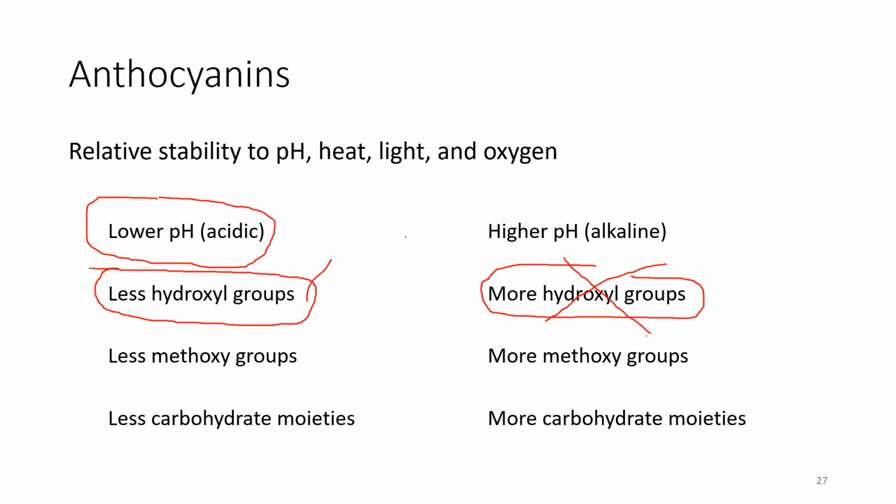I'll give you a big hint here. Methoxy groups are basically a protecting group for hydroxyl groups. So you put a methyl group on a hydroxyl group and basically make it not reactive anymore. So if you have more of those or fewer of those, which one's going to be more stable? More of them.